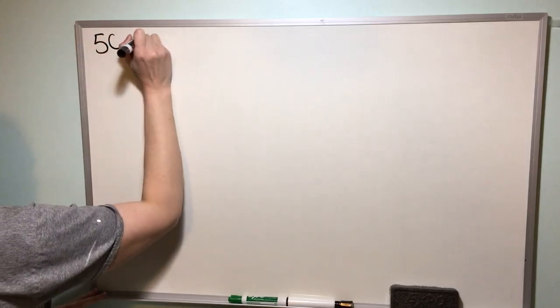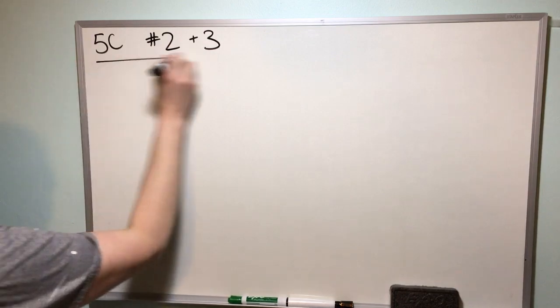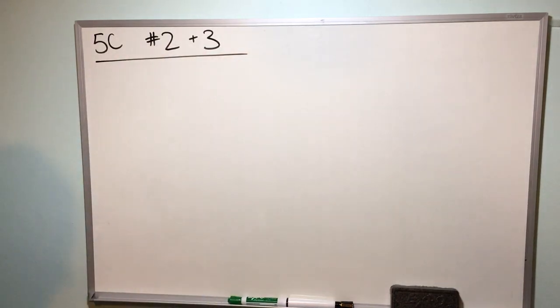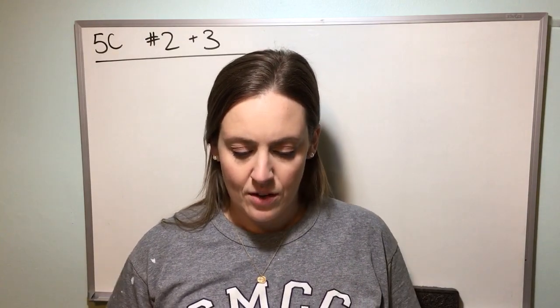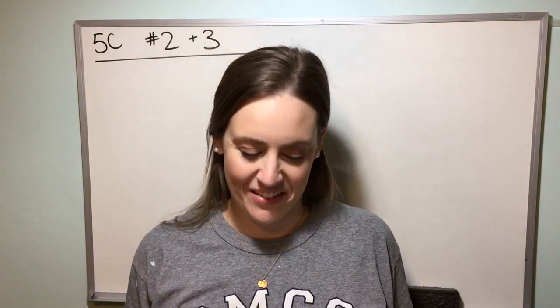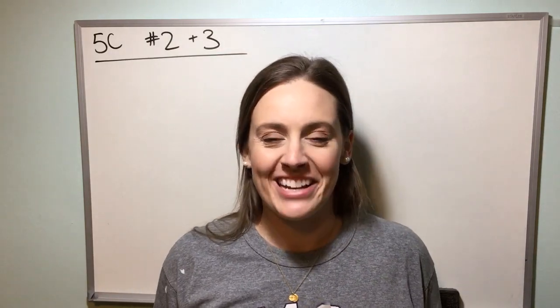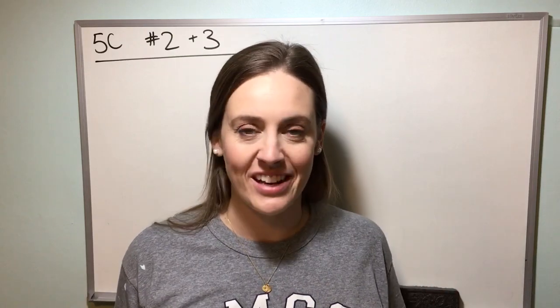Again, we're on 5C. We're going to talk about number 2 and number 3. Okay. So we're talking about quantitative data or qualitative data. What do you think quantitative means? This is a class called quantitative reasoning. What are we reasoning with?